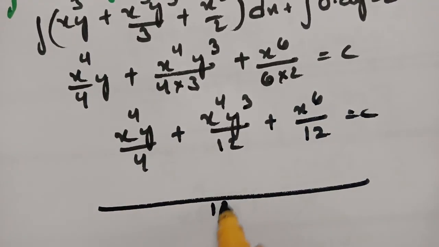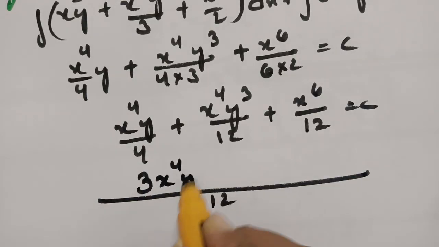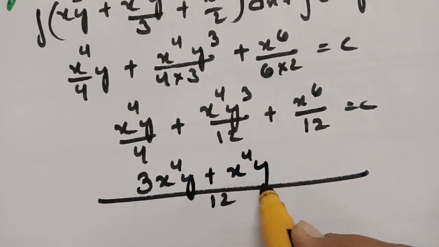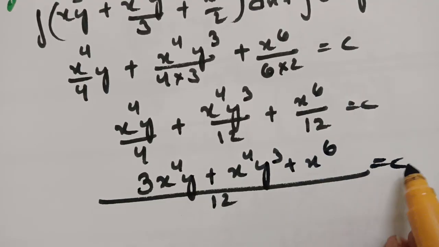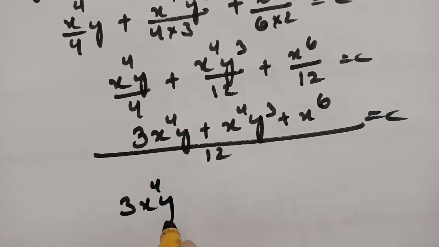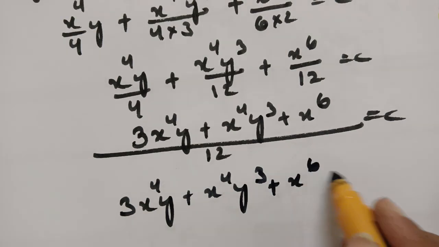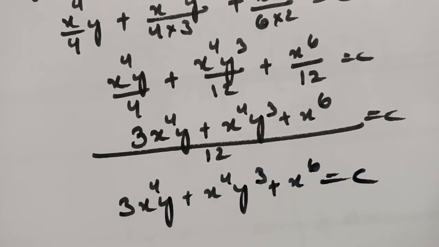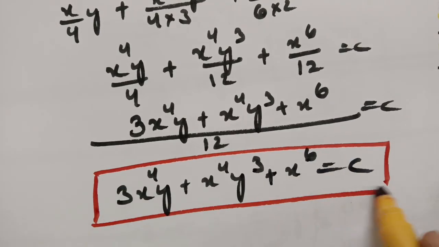So if I take 12 as an LCM, this is going to become 3x power 4 y, and this is x power 4 y cube, and this is x power 6 is equal to c. So if I multiply with some constant, this is going to become x power 4 y plus x power 4 y cube plus x power 6 is equal to some constant c. So this is our solution for the given differential equation.